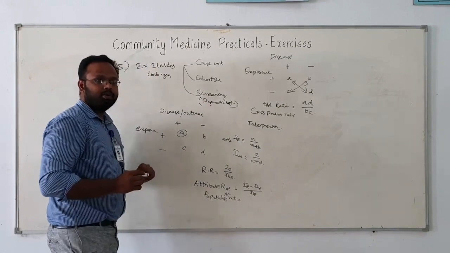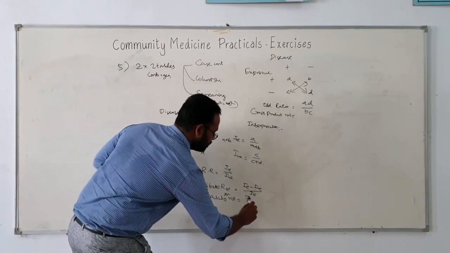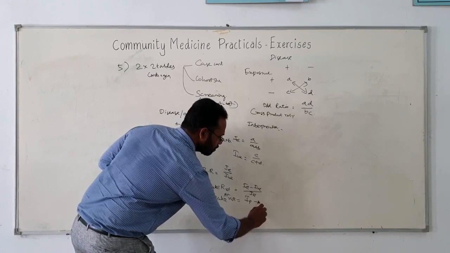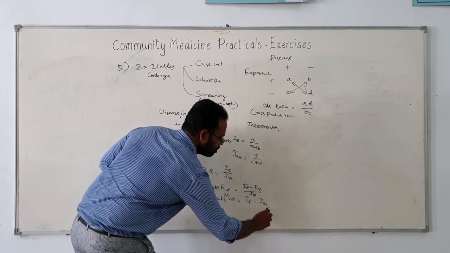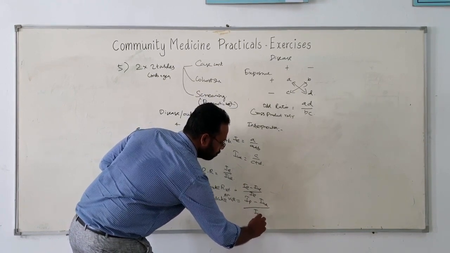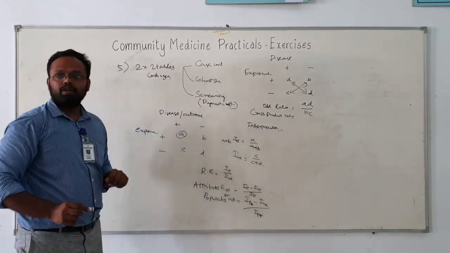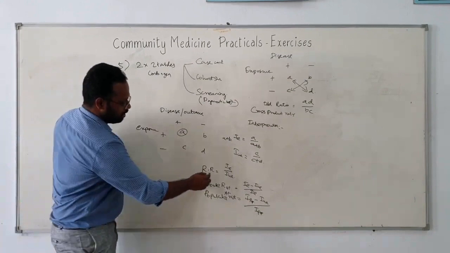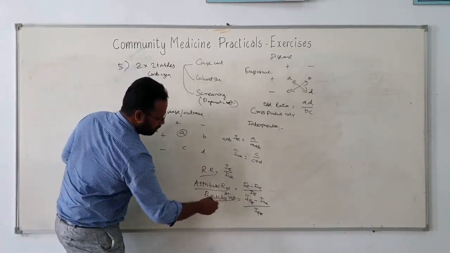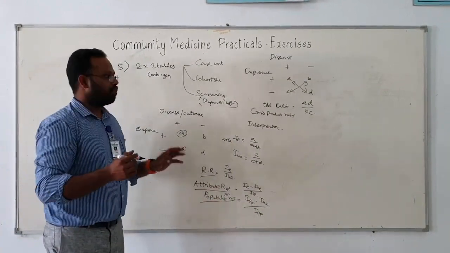For population attributable risk, it is given by the formula incidence among the total population minus incidence among unexposed divided by incidence among the population. So all these three, relative risk, attributable risk, population attributable risk and their interpretation we have seen.